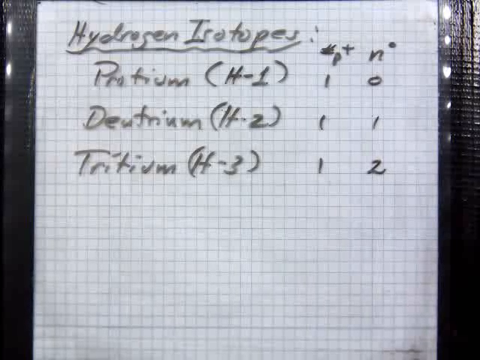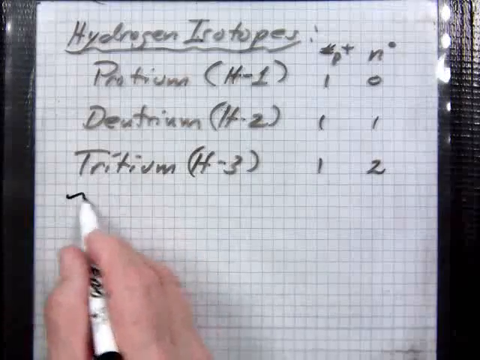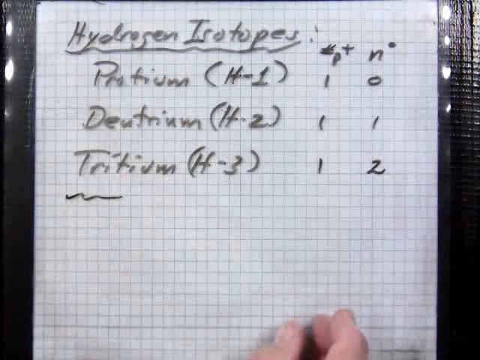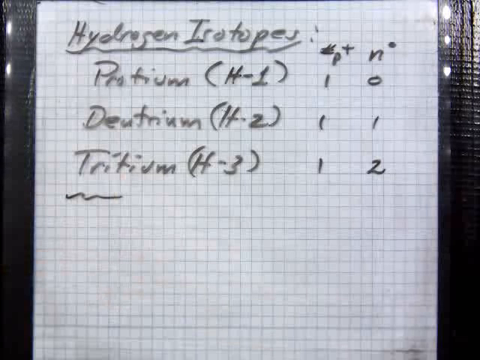And just as a trivia note, you'll learn more about this when you get deep into Chem 2, the interaction of deuterium and tritium is the fundamental energy source for the sun and stars.